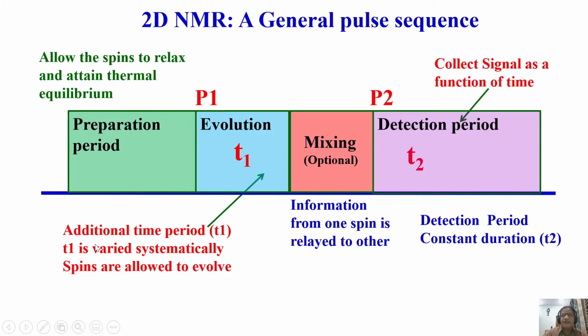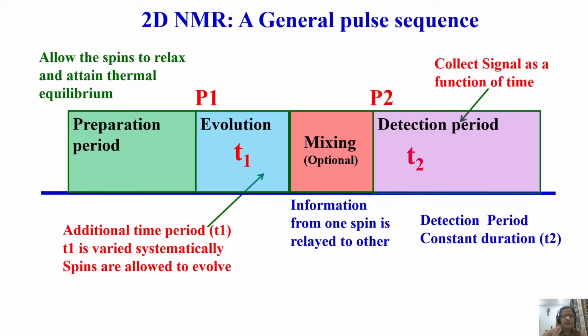What is happening in each of the pulse blocks? First, in the preparation period, what happens is we allow the spins to relax and attain thermal equilibrium. So we prepare the spin system for doing a specific experiment.